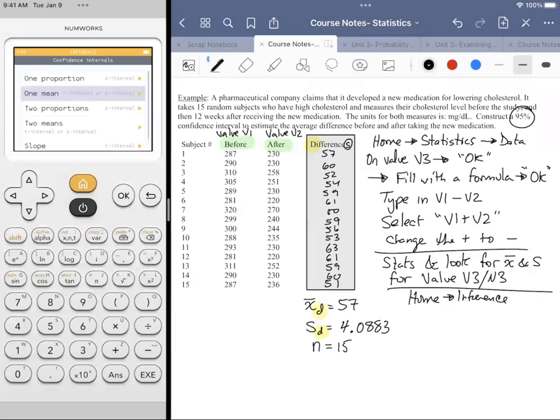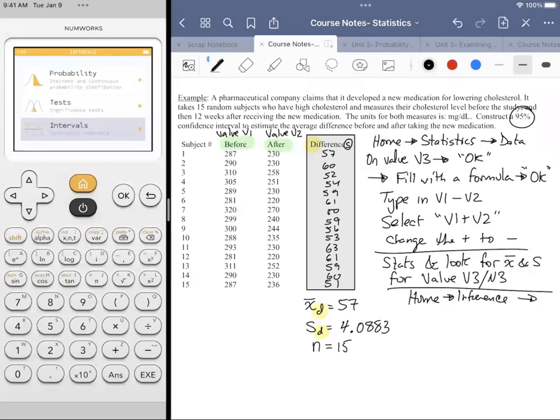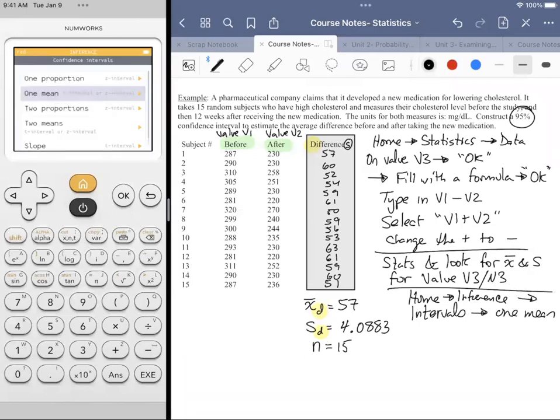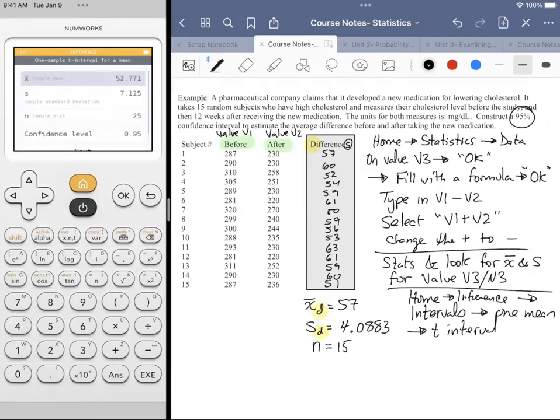We're going for one mean. Well, intervals, then one mean. Which interval? It's going to be the T interval. And then we put our new numbers in here. So the 57, the 4.0883, and the 15.